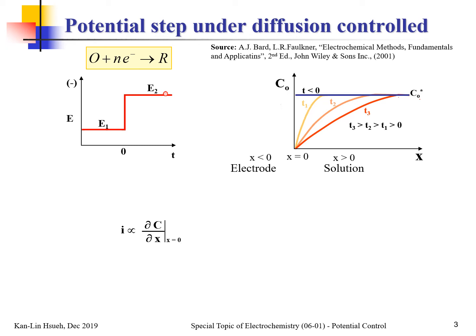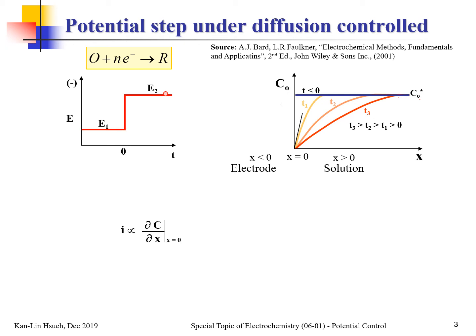That means the slope of the concentration profile right at the interface. You can see as time goes by, the slope is getting smaller and smaller.